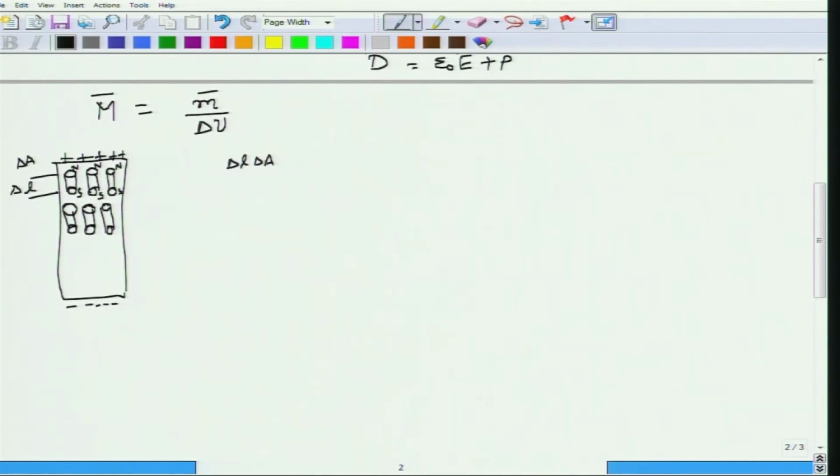With that, the volume will be delta L delta A. This is tiny enough for us to define this magnetization M. So, we can say that delta V is equal to delta L into delta A, and the equivalent magnetic dipole moment is Qm into delta L. This is exactly the same expression that you would have written for the electric matter.